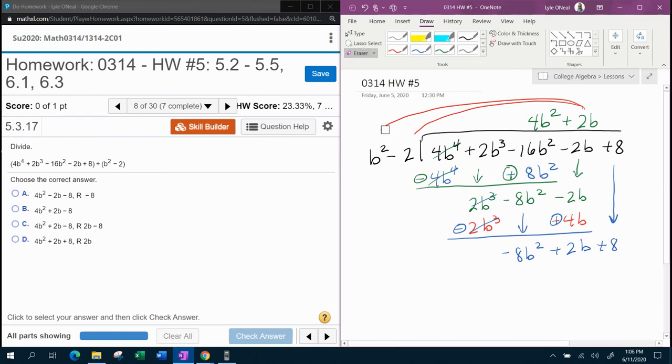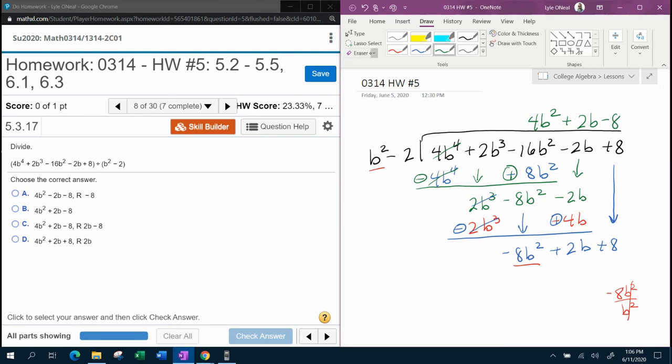Okay? So the next step is to take the negative 8b squared and divide it by the b squared. The b squareds are going to cancel and leave negative 8.